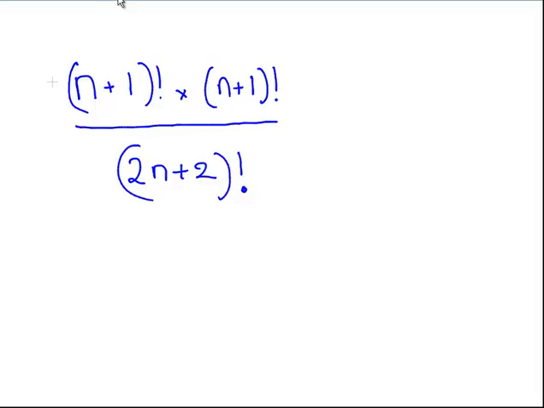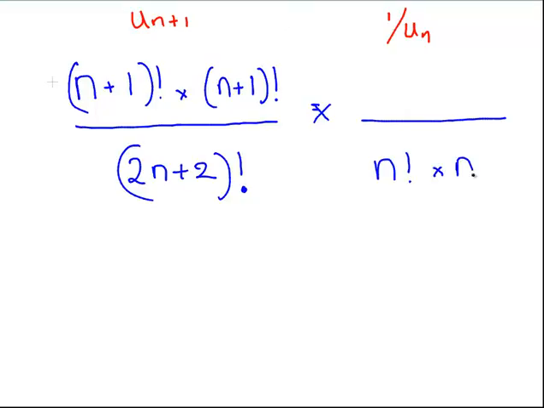Now I have 1 over u of n, and I'm just changing the numerator and denominator: (2n) factorial over n factorial times n factorial. Quite a complicated looking expression there.